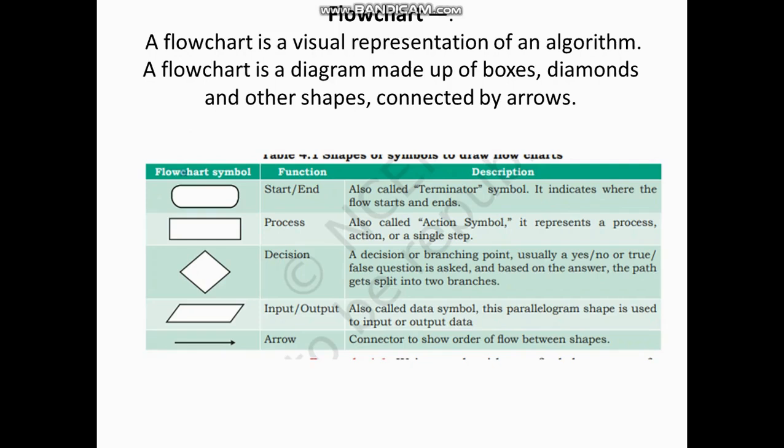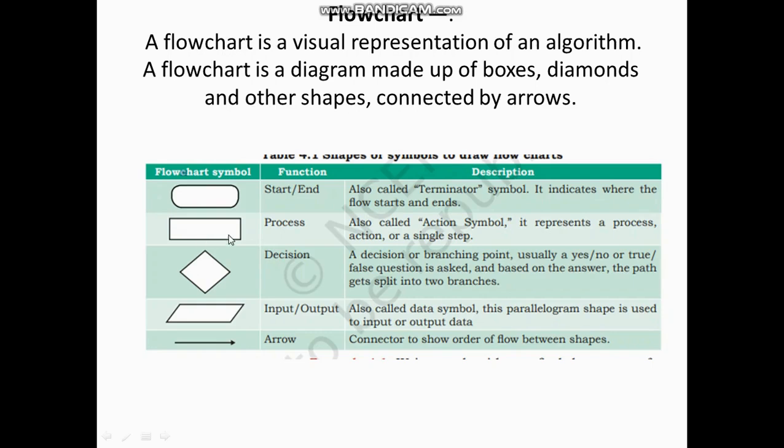Look at this flow chart. Flow chart is nothing but the graphical representation of an algorithm, or it may be defined as a visual representation of an algorithm. Flowchart has different symbols. Look at this. This is an oval shape which indicates the start and end.